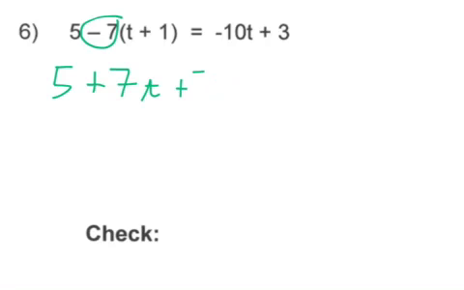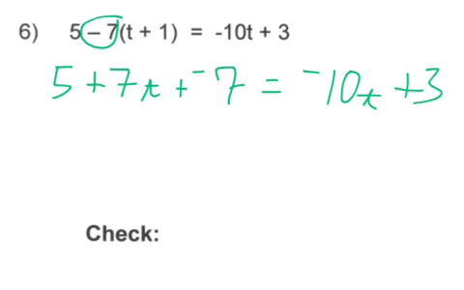That's very ugly. Equal negative 10t plus 3. Now I do think you should probably go ahead and combine the like terms here too.